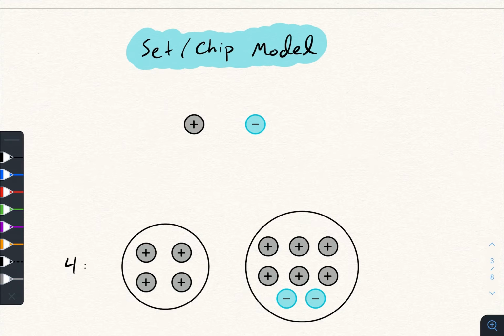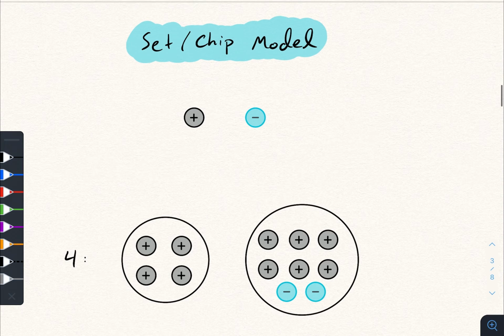One of the key features of this model is that you can represent numbers in different ways. So I could also represent the number 4 as over here. So here I have 6 positive chips and 2 negative chips. So 2 of the negative chips will cancel with 2 of the positive chips. They form a canceling pair, you could call them.